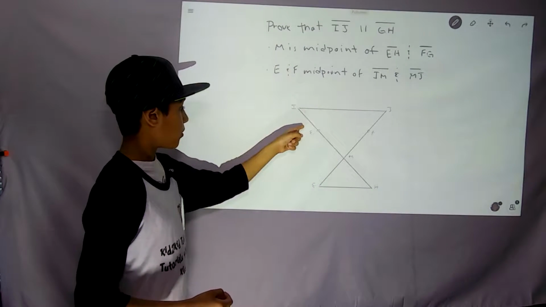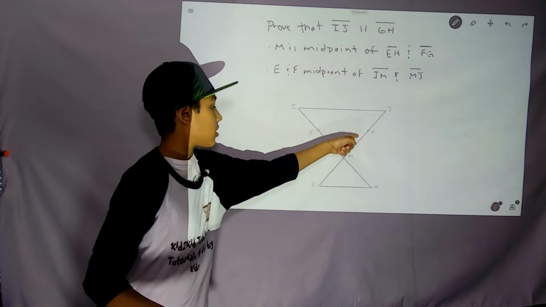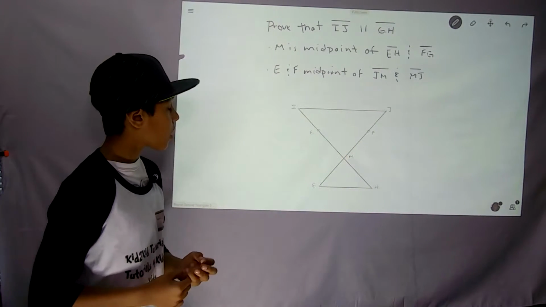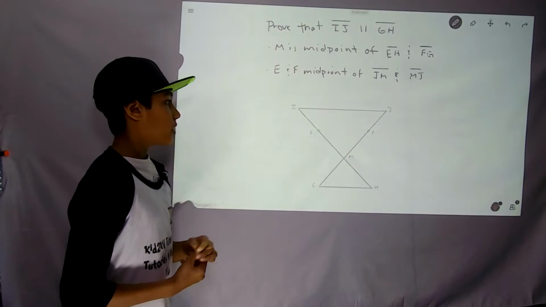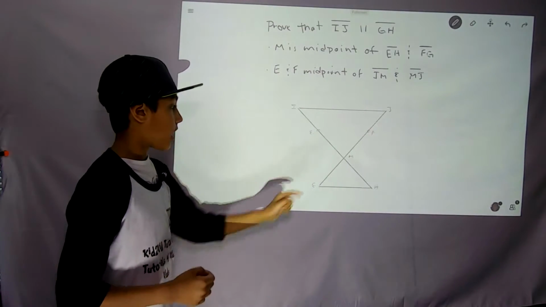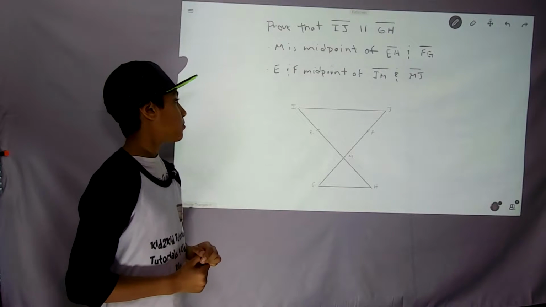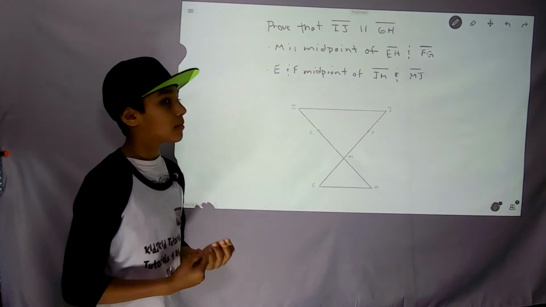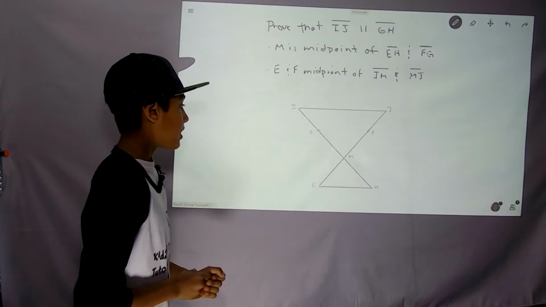We're also given that E and F are midpoints of IM and MJ. So let's use that to prove the triangles are similar by SAS first, and then use that to prove this.